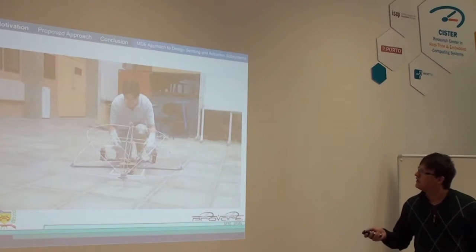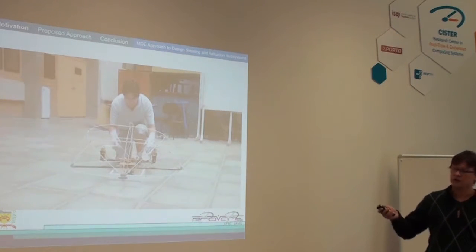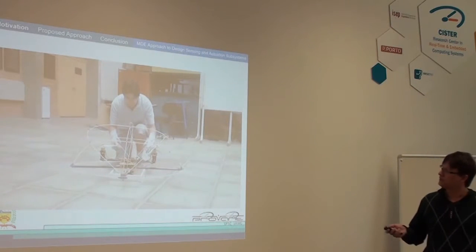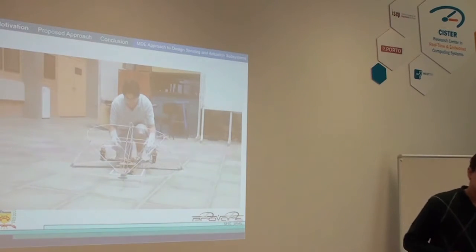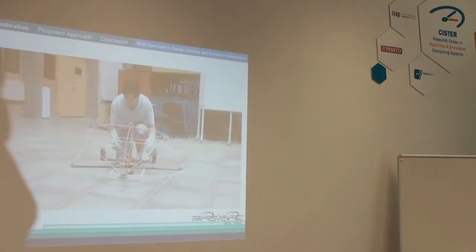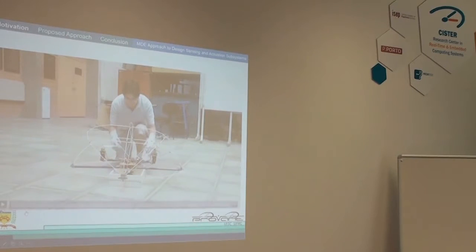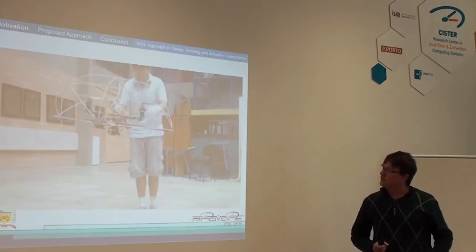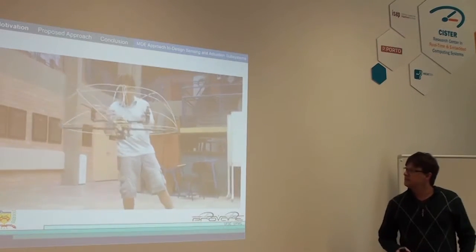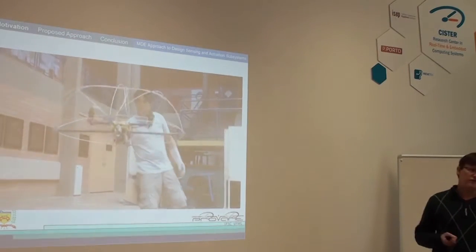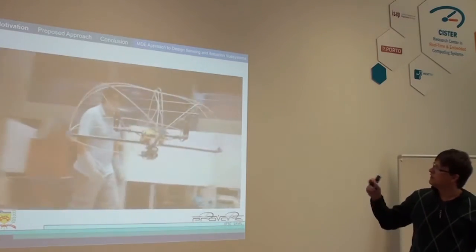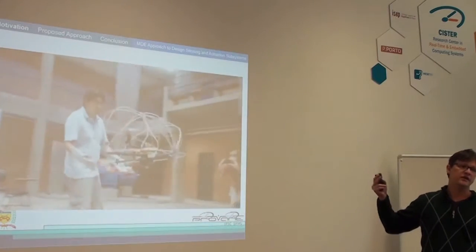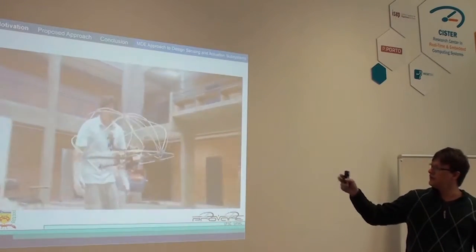Here I have a short video of the first aircraft. So here we can see a flight test where we have a pilot that is controlling, just sending the position references to the aircraft.